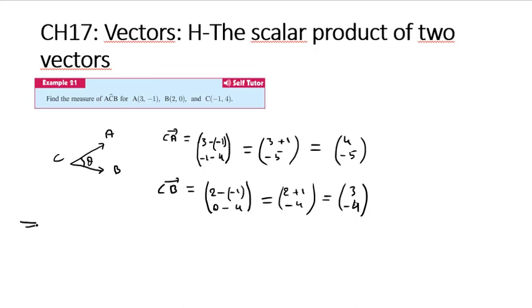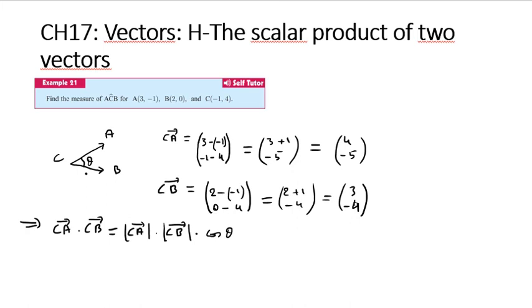If we use the first method to find the scalar product of the vector CA and CB, so the scalar product of those two vectors, then we do the magnitude of the vector CA times the magnitude of the vector CB times the cosine of the angle between those two vectors.